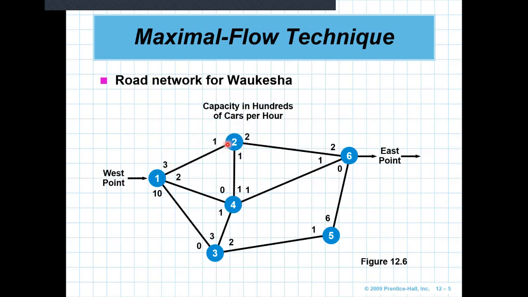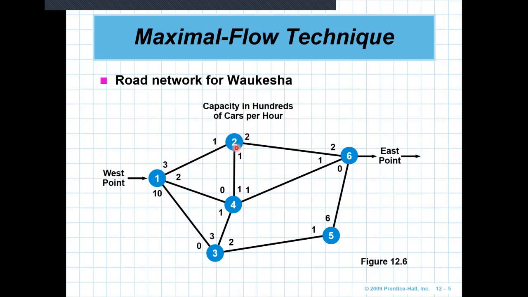And there is also a reverse capacity, so there are 2 numbers on each line, or path, or branch. For the branch from point 1 to point 2, there are 3 and 1. 3 means the capacity that goes from 1 to 2, and 1 is the reverse capacity. That means 1 is the flow from point 2 to point 1.